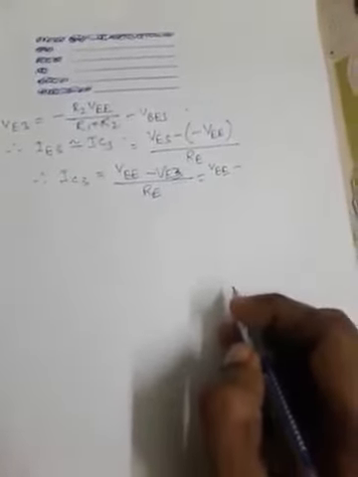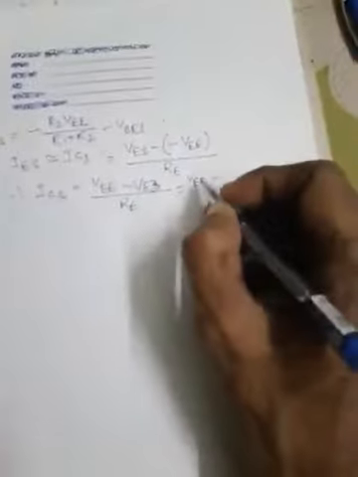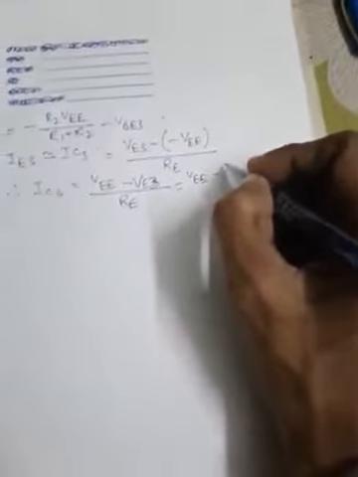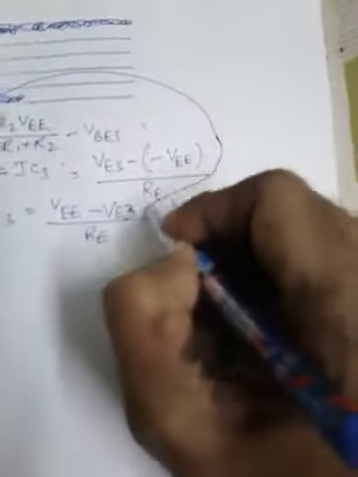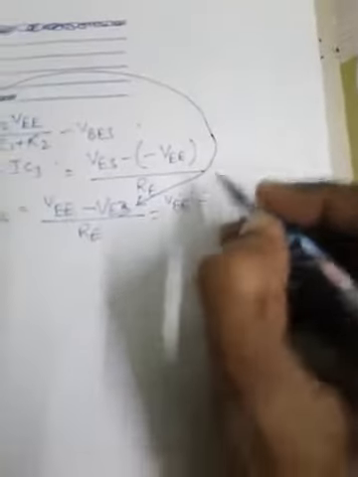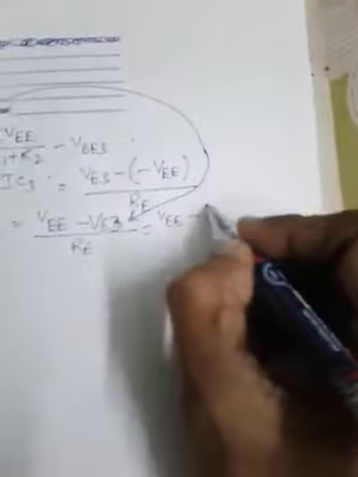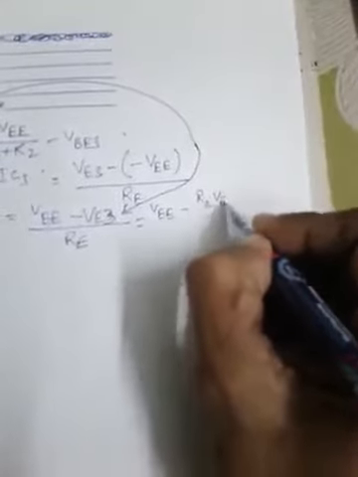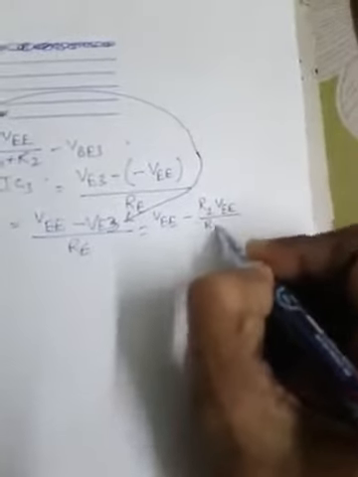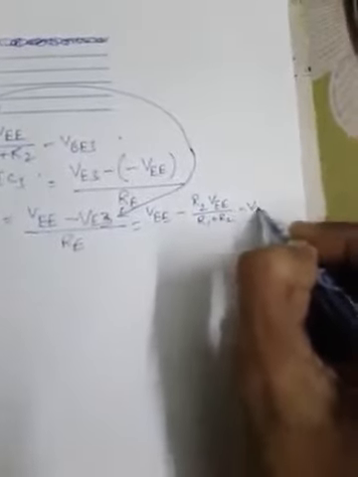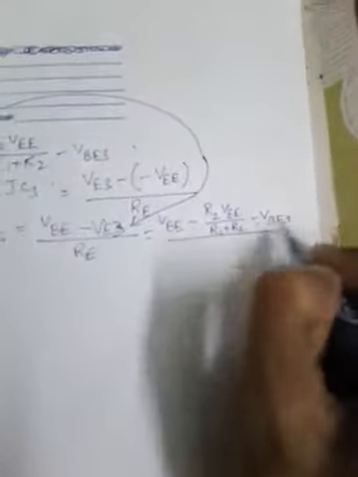So putting this value of VE3 from here into this expression, we should be getting VEE minus R2 VEE divided by R1 plus R2 minus VBE3 divided by RE. So this is the expression for IC3.